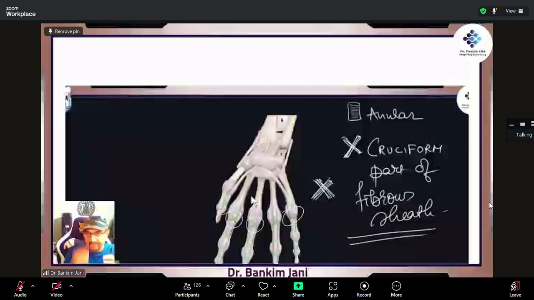Remember it like that: you can move your finger with absolute precision, right? It is not happening that the finger goes like this or like this. No, it moves with absolute precision. This is the reason, because when the finger is to be moved exactly like this, those muscles will be acting in a very balanced way because they pass through a specific tunnel. So these are the fibrous sheaths.